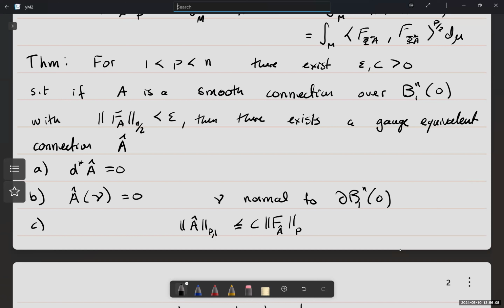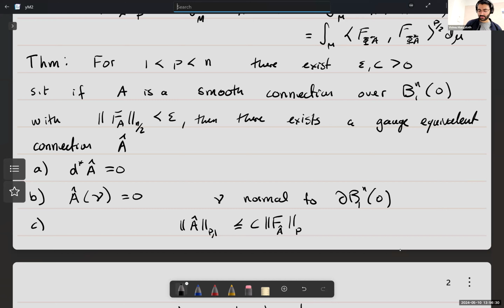So the extension, instead of p being greater than or equal to n/2 as in Uhlenbeck's original paper, the extension for p in the range you've said is due to Donaldson, or was it stated by Donaldson?